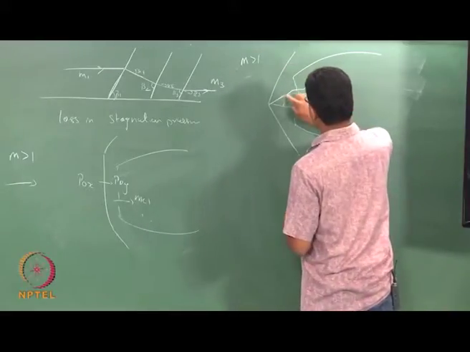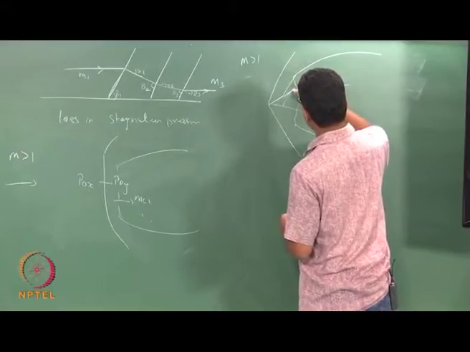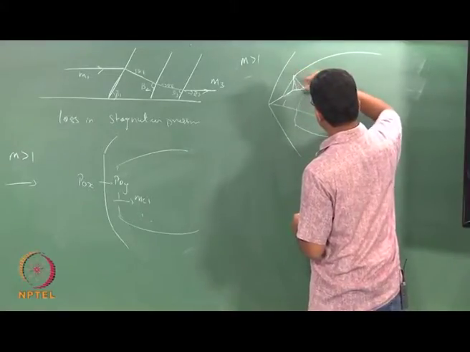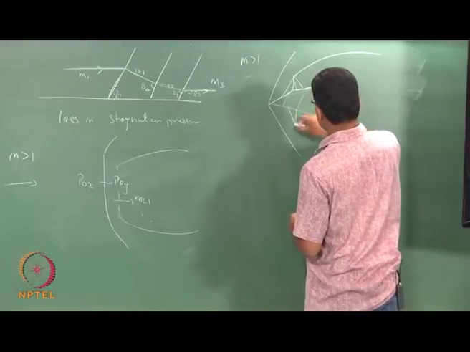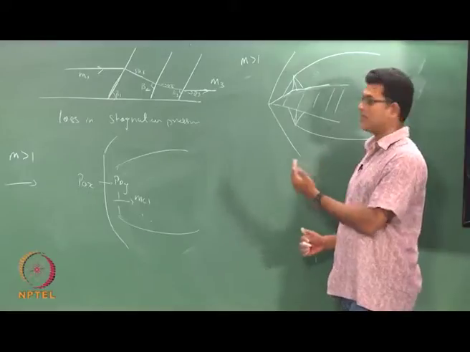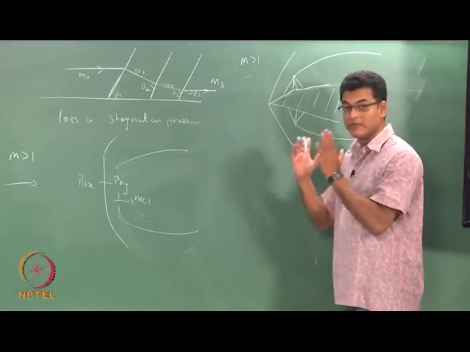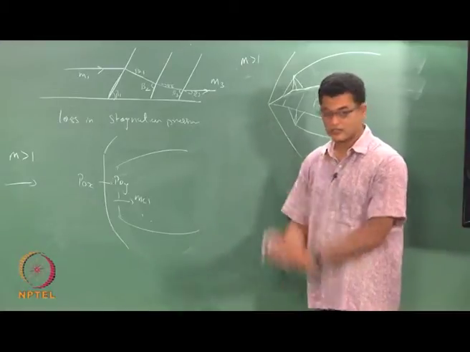Okay. So I have a series of oblique shocks here. So there will be one shock here, there will be another shock here, there will be another shock here. So with this series of shocks, I can reduce my Mach number to a subsonic Mach number even while keeping P0 at the same value.